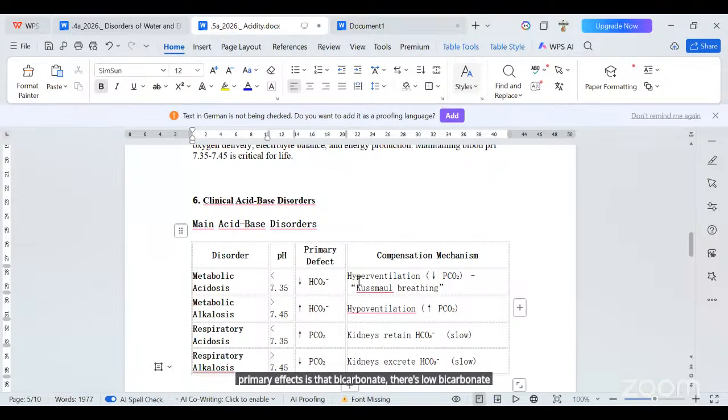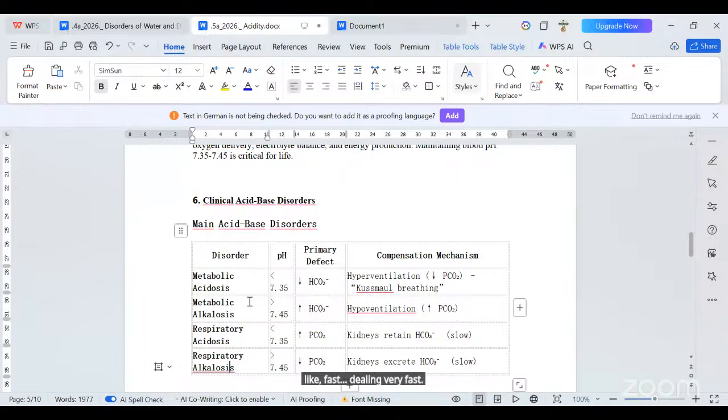The body tries to compensate through breathing. It's called Kussmaul breathing, hyperventilation. The person will be breathing very fast.